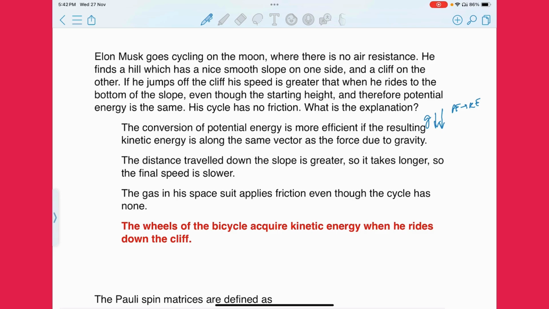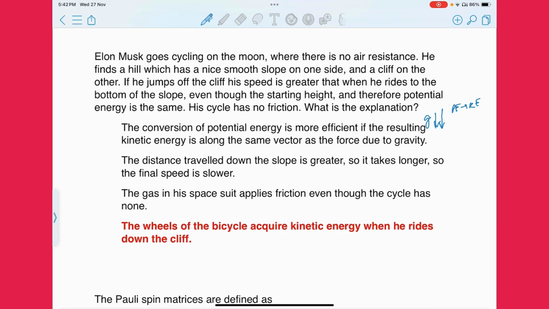In contrast, when riding down the slope, the gravitational force is partially counteracted by the normal force from the slope, which means some energy is spread out over a long distance and converted less efficiently into kinetic energy. Part of the energy goes into rotating the wheels, causing the bicycle and Elon to move faster when falling freely off the cliff.